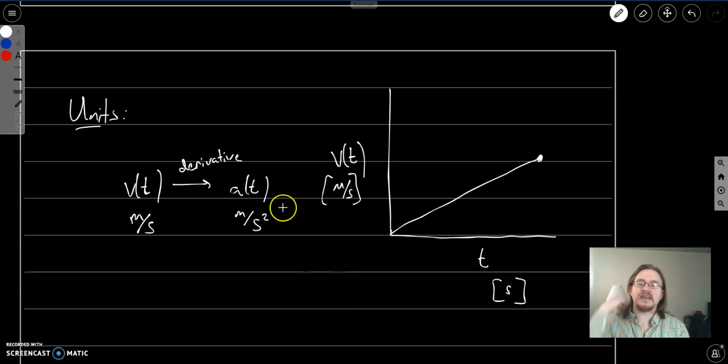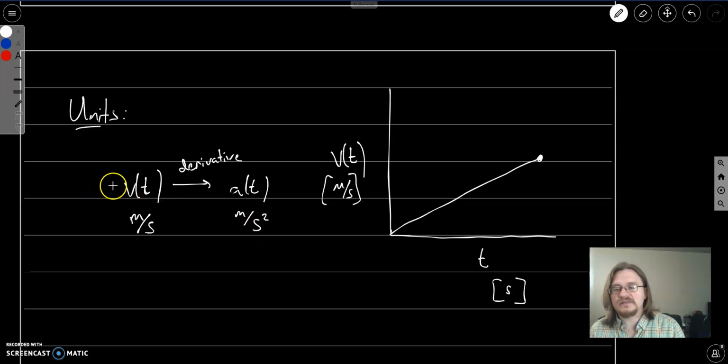Again, taking the derivative, we're looking at the rate of change in a value. So if your velocity is changing, that means you're accelerating. How fast is it changing? Well, it'll be changing in meters per second. So we end up getting meters per second squared.